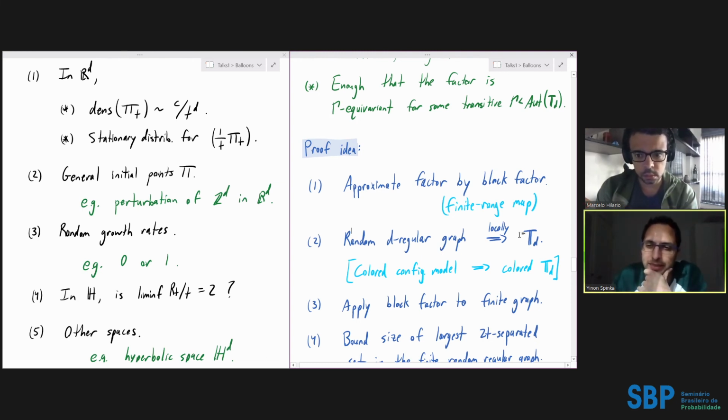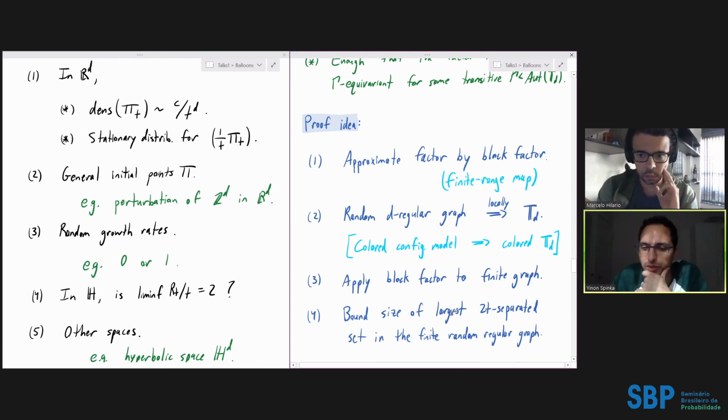But yes, the factor of IID which you see in the proof came from the fact that we use just that the random regular graph converges locally to a tree, and the actual work was of bounding the size of the independent set, and the density, in the finite setting. So if you have some nice finite model which you know how to do computations there, then you immediately get it for the thing it converges to.